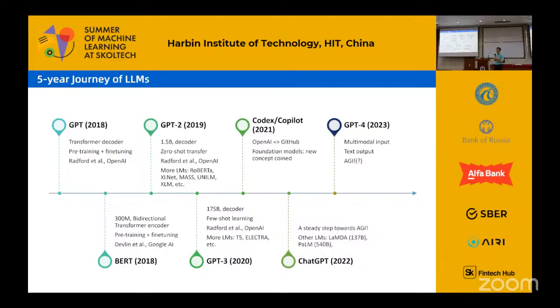GPT-4 came out two years ago, and since then we have also observed huge advances in this domain, but I didn't list them here. There has been much progress, but maybe not as significant as from ChatGPT to GPT-4.